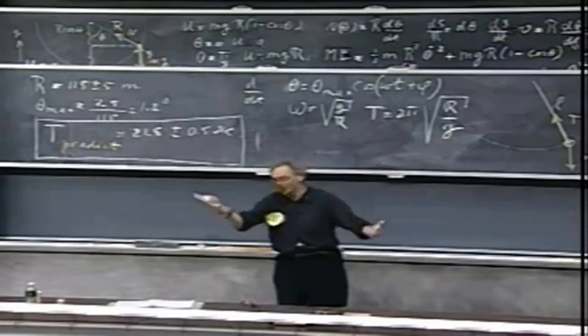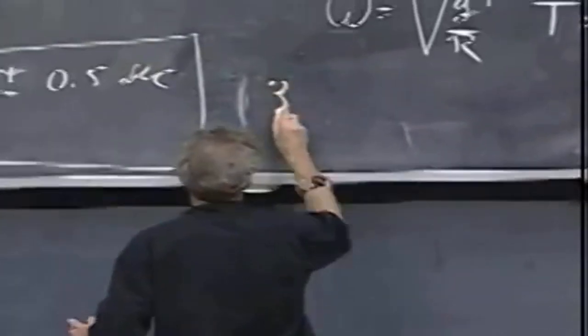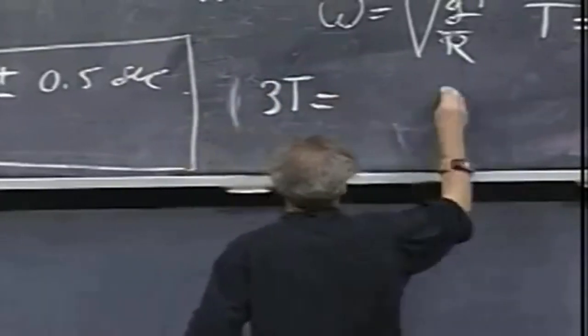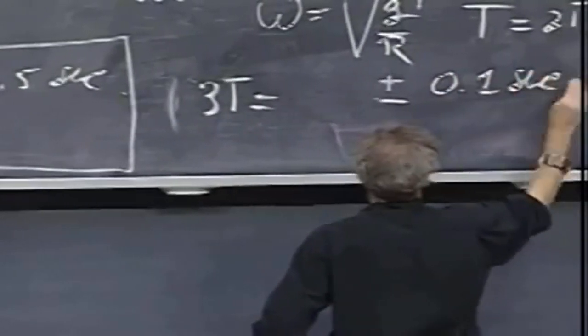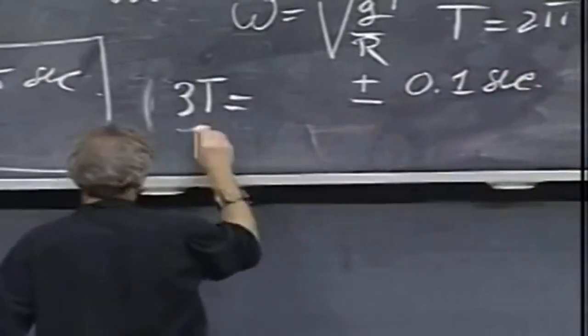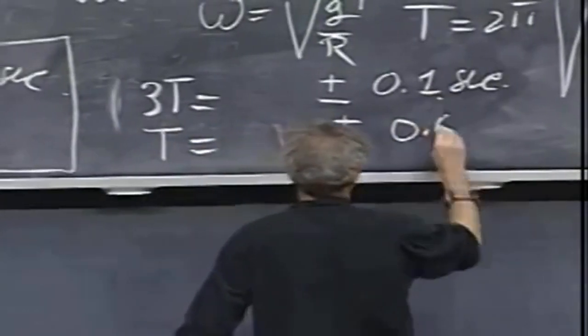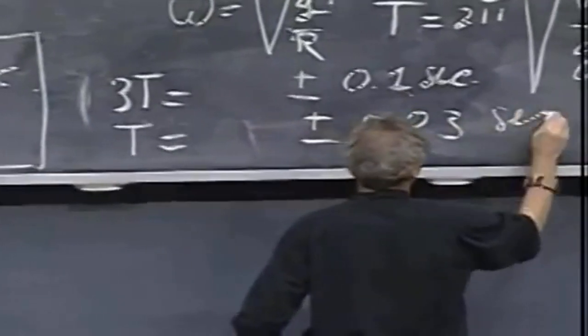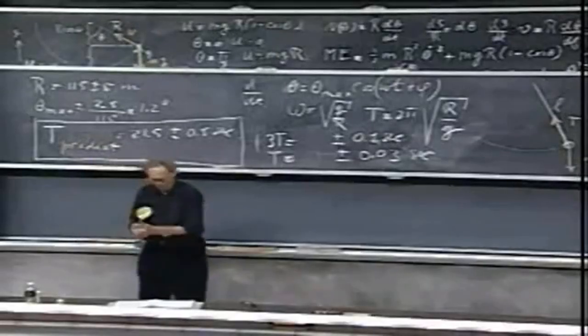It's so much fun to see that object go back and forth in 21 seconds that, for your pleasure and for my own pleasure, I will go 3 oscillations. Not that it is necessary, but I will do it. 3T is going to be something plus or minus, and this is my reaction time, which is 0.1 second. And then we can all divide that by 3, and then of course the error will go down by a factor of 3.